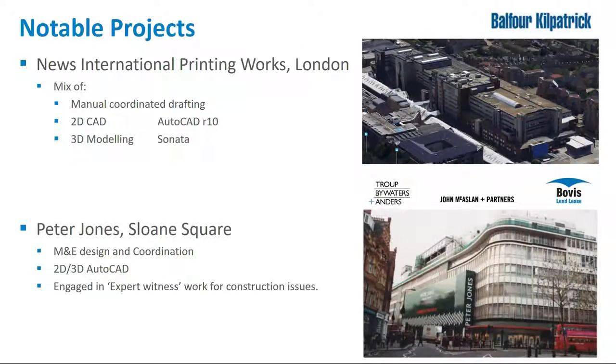Peter Jones in Sloane Square, a big department store, had a major renovation in the late 90s. Again, that was 2D primarily, AutoCAD, with a little bit of 3D thrown in.